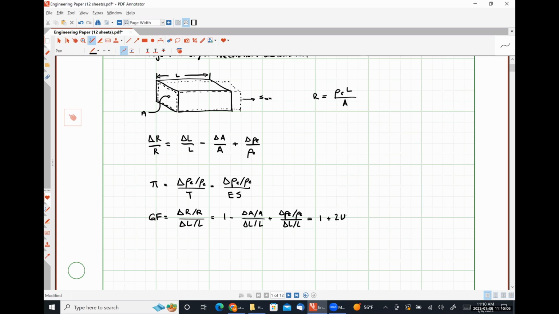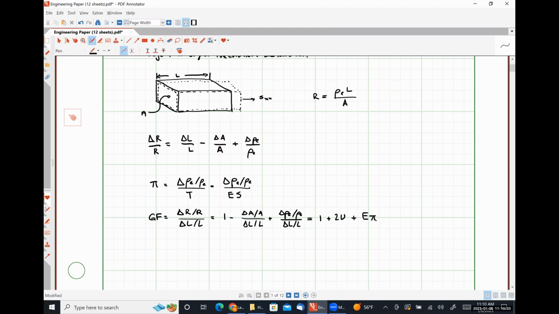So we're going to have 1 plus twice Poisson's ratio. The sign changed because Poisson's ratio is usually negative. It's a transverse. And then we're also going to have plus E, our Young's modulus, times pi, our coefficient of piezoresistivity. Okay, so this is what our gauge factor looks like.